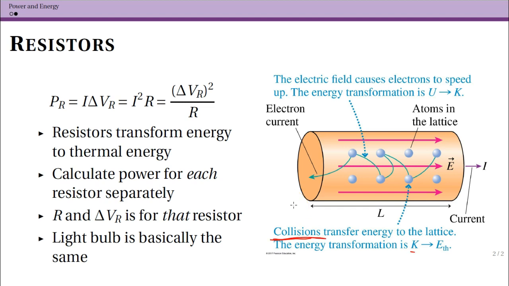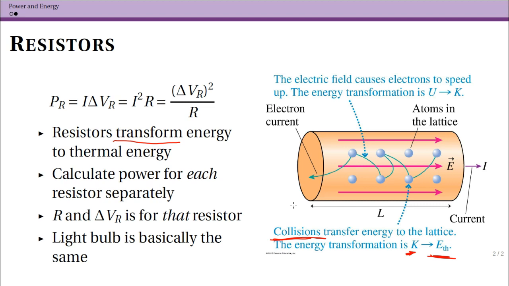And so we are actually taking the kinetic energy of the electrons that are in our drift and converting it into thermal energy. So if you think about this, it's doing an energy transformation. One option is you can say that it's converting the chemical energy that was originally in the battery into thermal energy, but you could then say, well, the chemical energy of the battery became the kinetic energy of the electrons that then became thermal energy in the resistors.